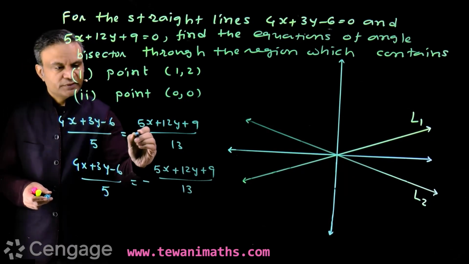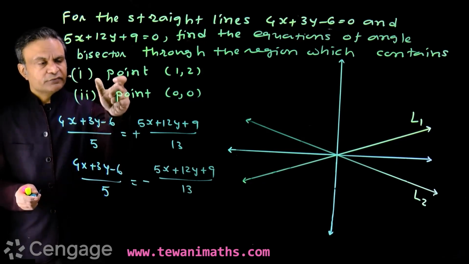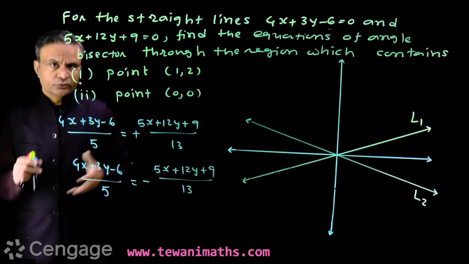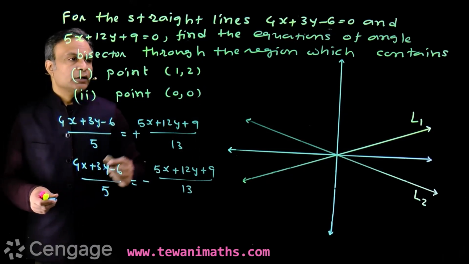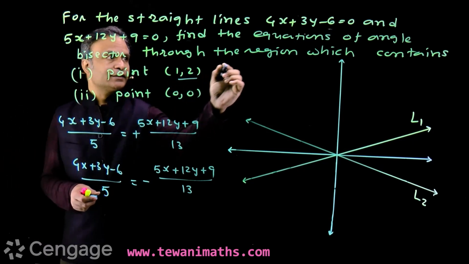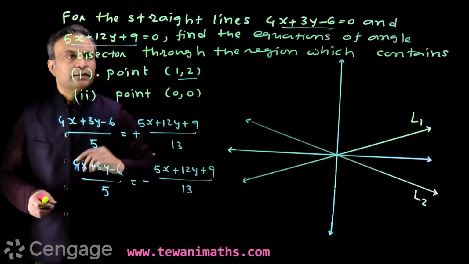One equation with a plus sign here, one equation with a minus sign here. Now first we have to find the equation of the angle bisector through the region which contains point 1 comma 2. So we put this point in these two linear expressions and check the sign.